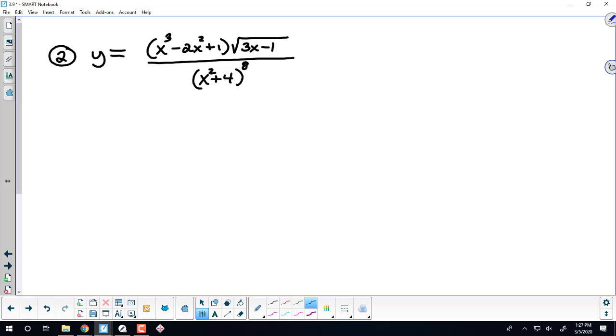So again, something like that is a really good candidate for logarithmic differentiation because we have products, we have chain rules, we have a quotient. So we take the log of both sides, natural log of both sides.